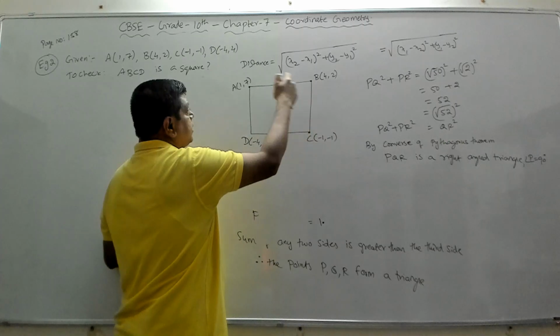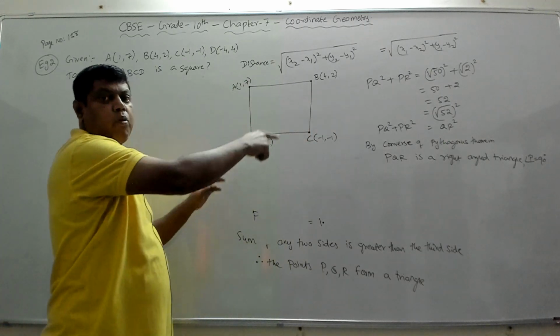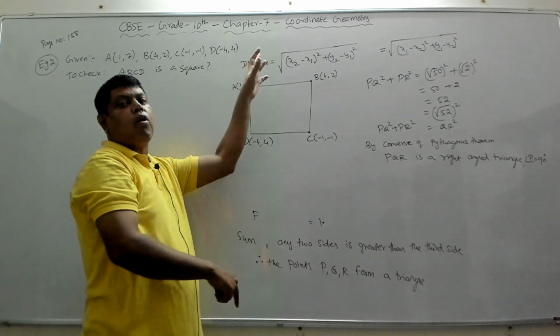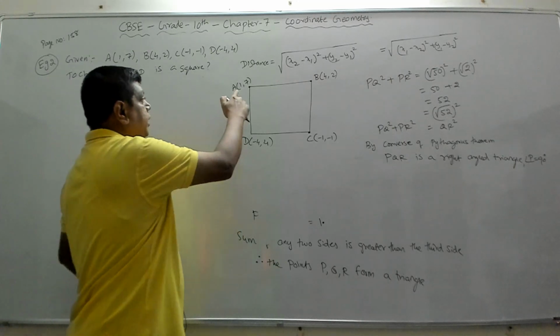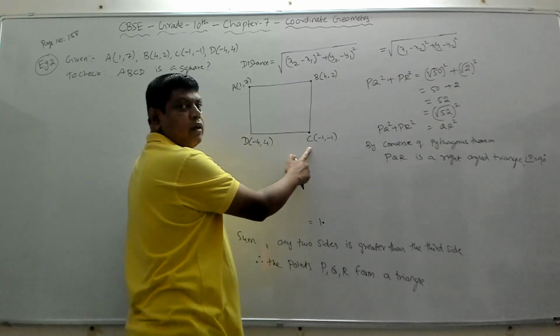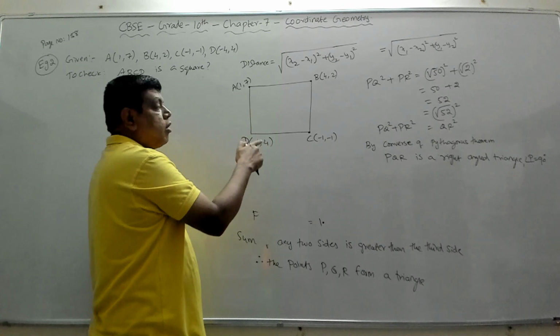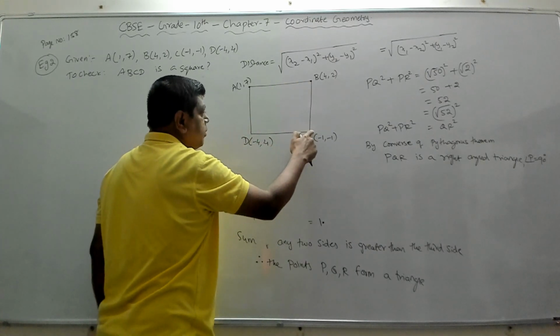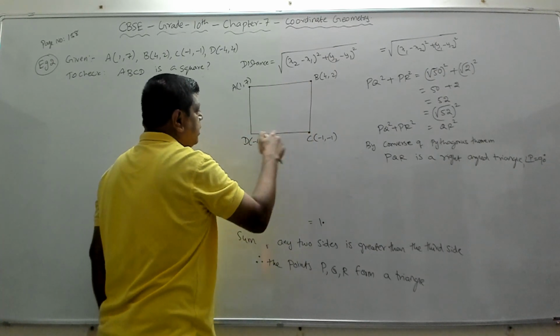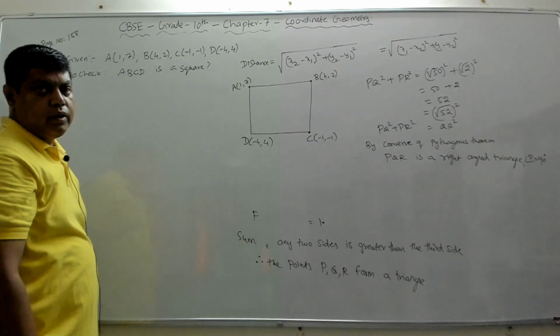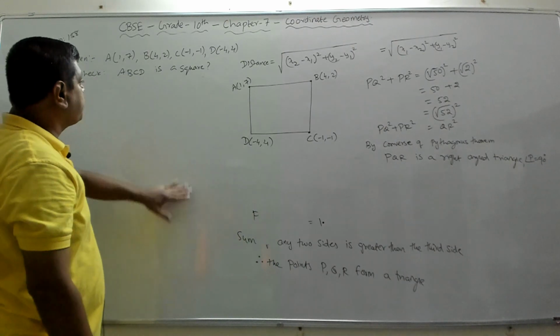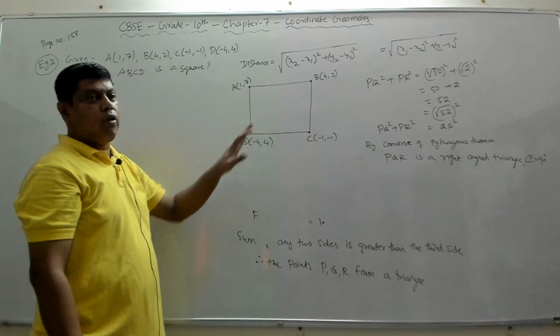A, B, C, D. But go or plot them or mark them in a cyclic order. And don't put A, B, then C, D. That's not in cyclic order. A, B, then C should come here. C cannot come here. C, then D. Right? That's very important.